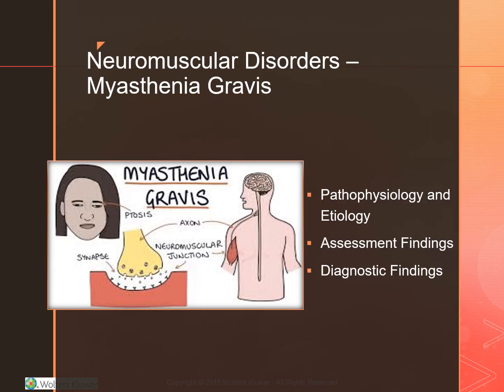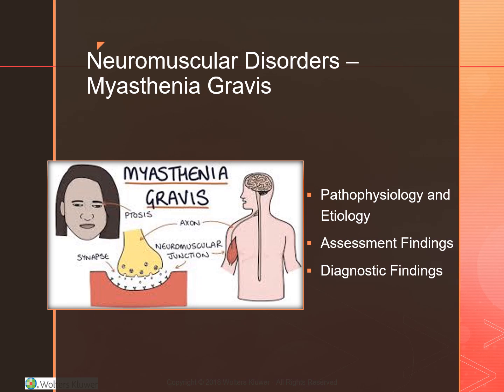And the last autoimmune disease we'll talk about is Myasthenia Gravis. And we've talked about this before. This is a neuromuscular disorder. It's also considered to be an autoimmune disorder, characterized by severe weakness of one or more groups of skeletal muscles.